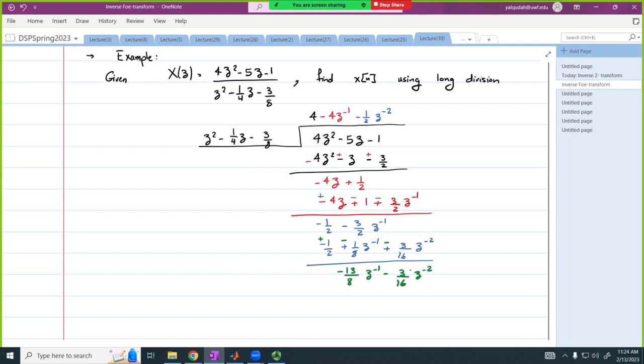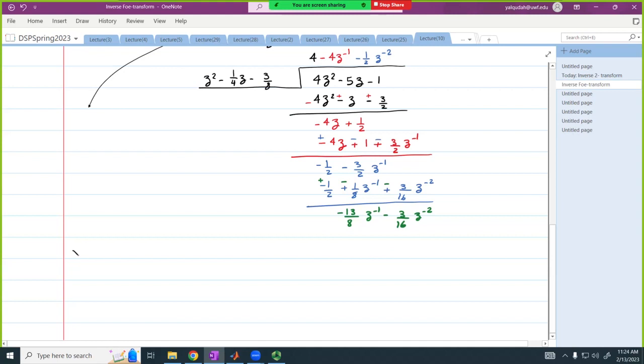So what is it we've done? What we're saying is that given this expression, this is x of z. X of z was equal to 4z squared minus 5z minus 1 divided by z squared minus 1 over 4z minus 3 over 8.